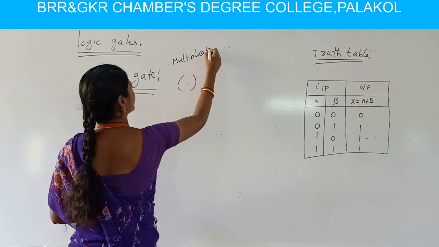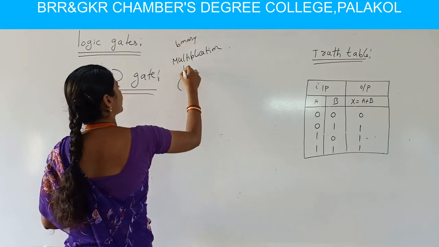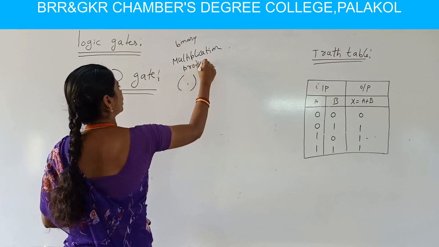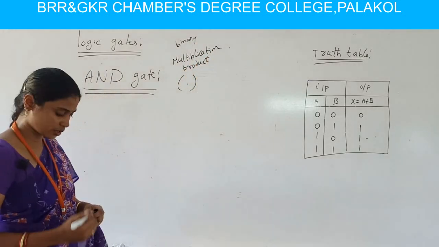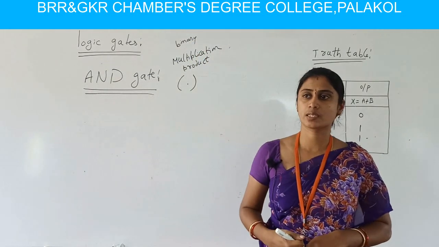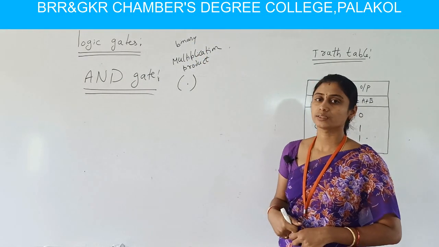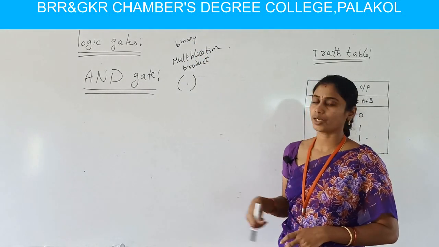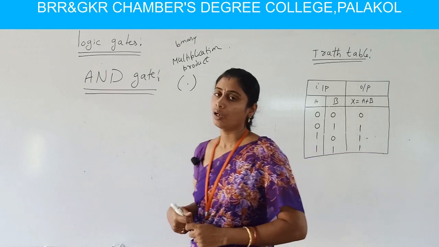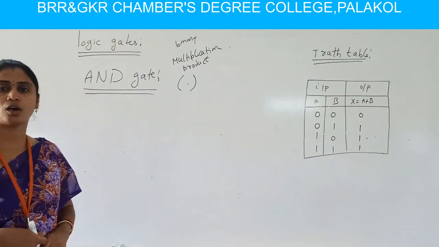Multiplication here means binary multiplication, the product of the two variables. Here also in the AND gate we have two or more input variables and two or more input voltages, but the output is a single output voltage.